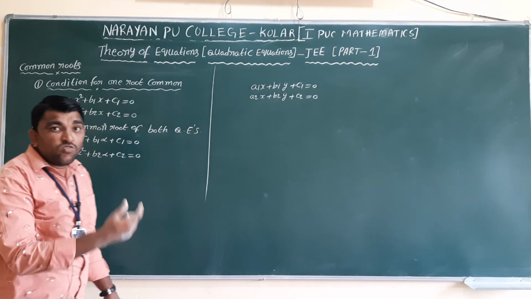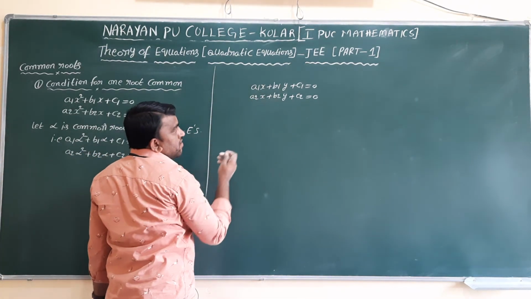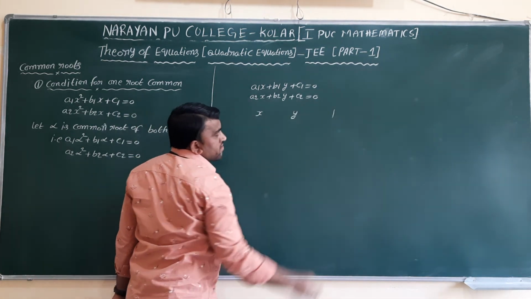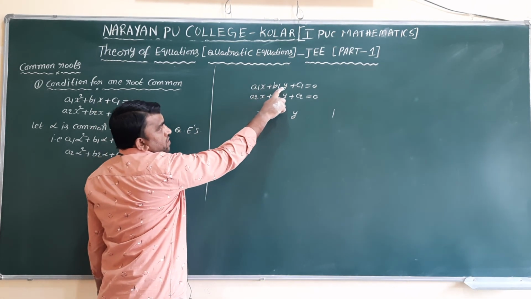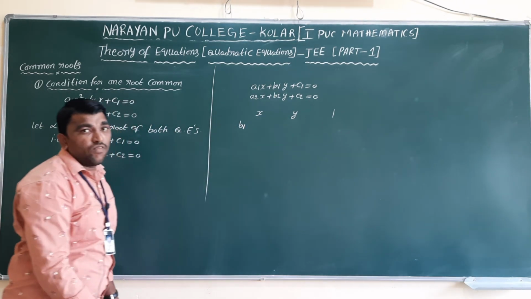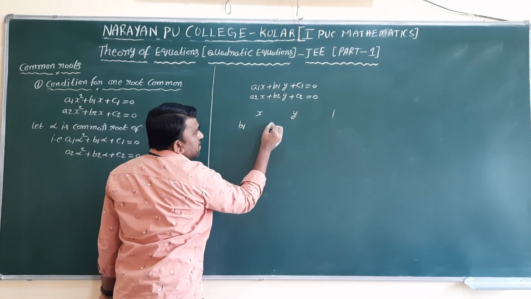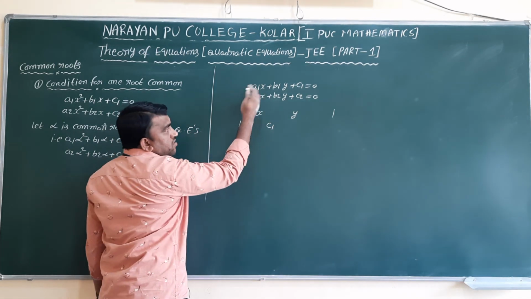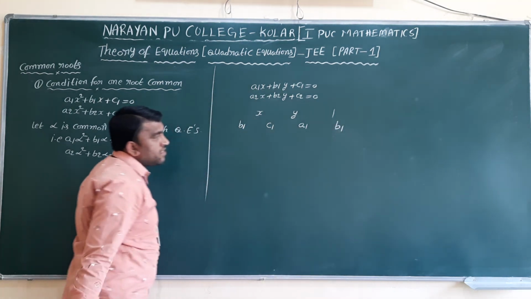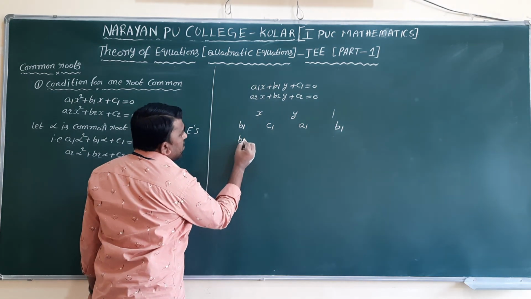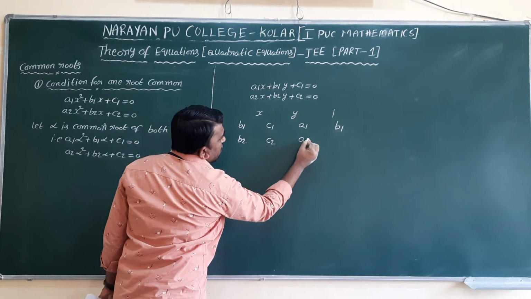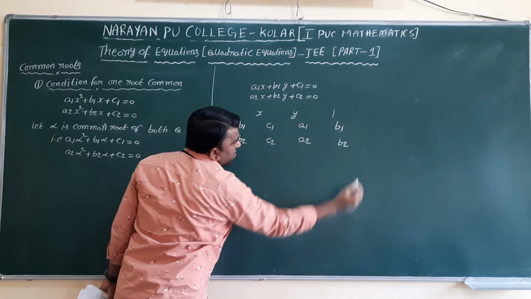If you want to solve these two equations, one method is there. First x, y and constant. In the first equation, y coefficient b1, next constant c1, next x coefficient a1, again b1. In the same manner, second equation, b2, c2, a2, again b2.